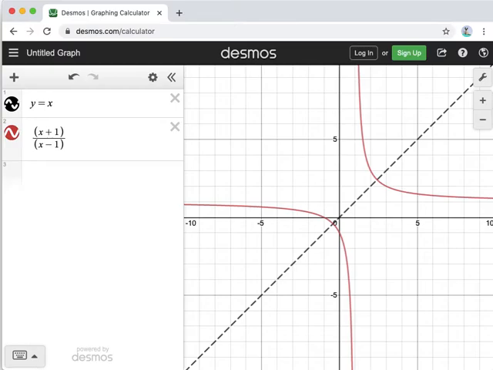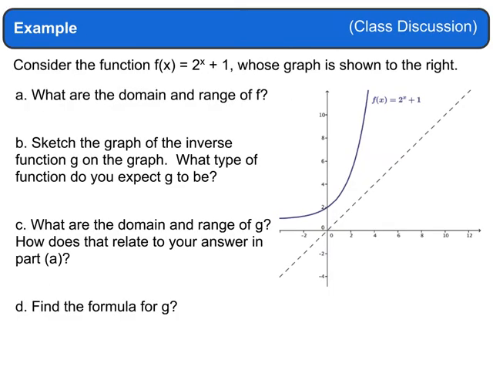If we skip to the last example, right, they ask us what is the domain and range of f of x, the function that we see right here. So we would say the domain is negative infinity to infinity, but it looks like the range does not go below y equals 1. So our range is going to be from 1 to infinity.